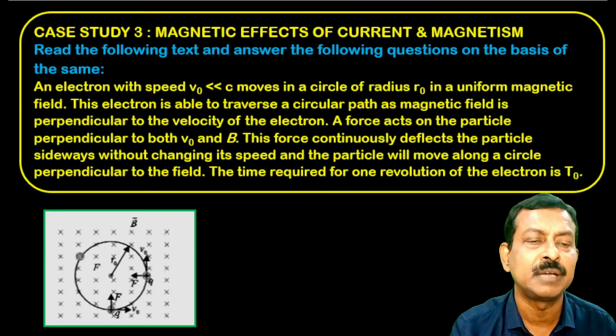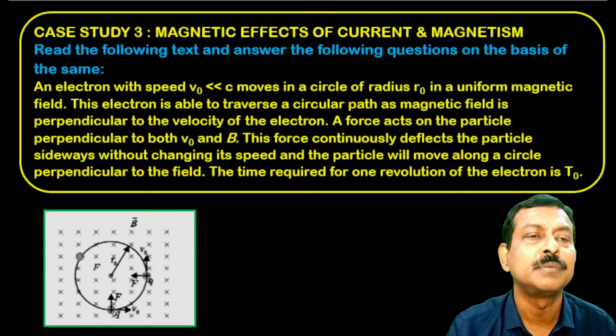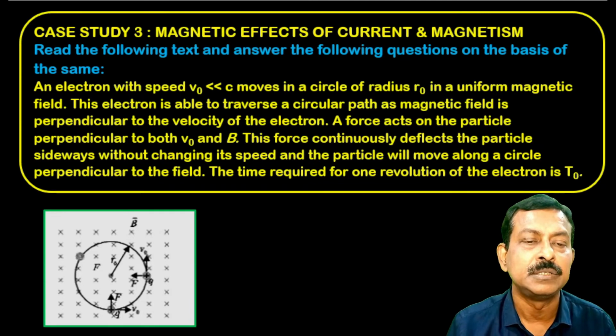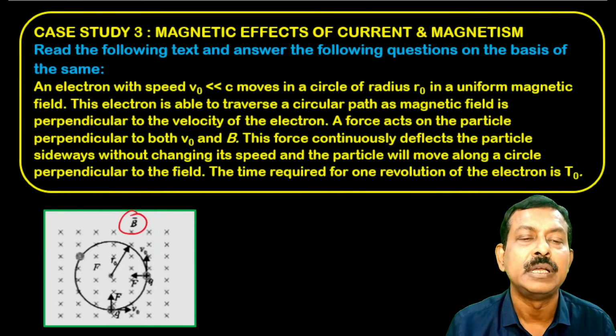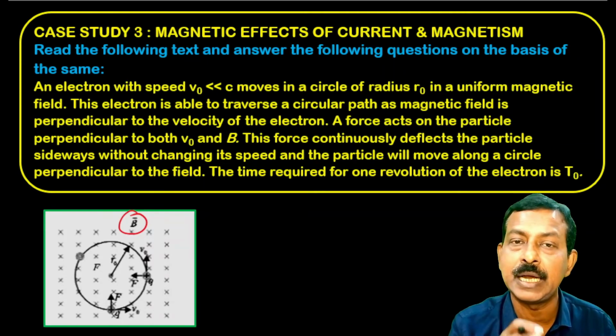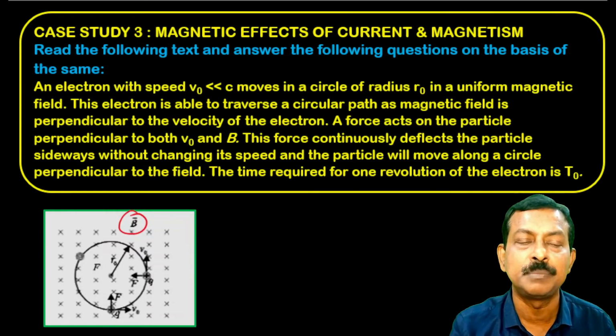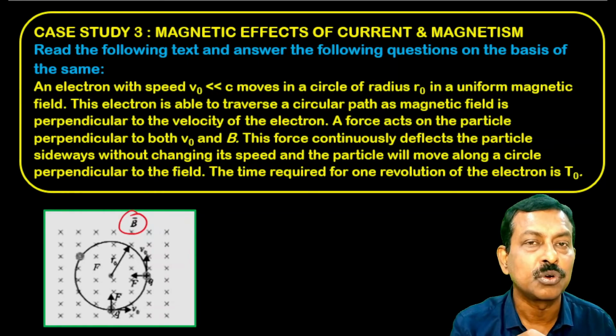This is what they have given, and in the diagram, this is the circular path, and this is the magnetic field B which is acting there. It is moving along the circular path there. The magnetic field is indicated as acting perpendicular to the plane of the paper, it is shown as a cross, so that means it is acting into the plane.